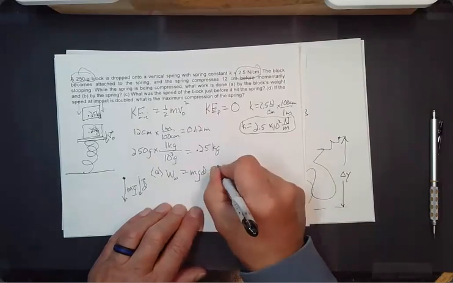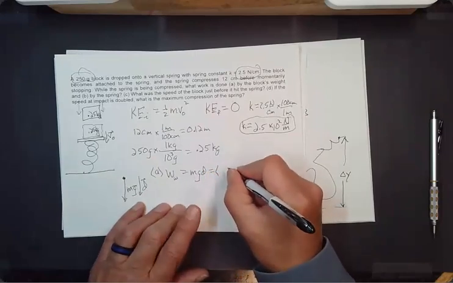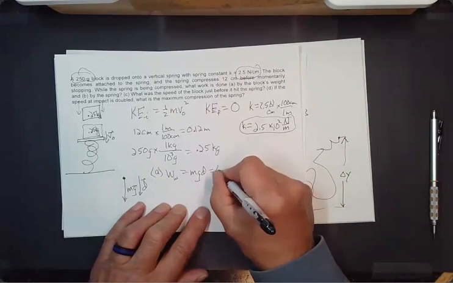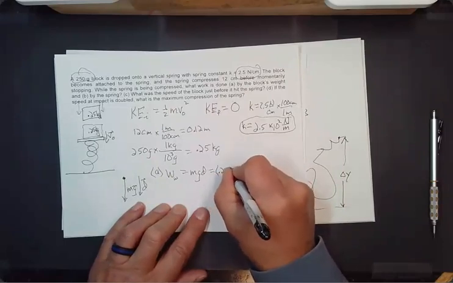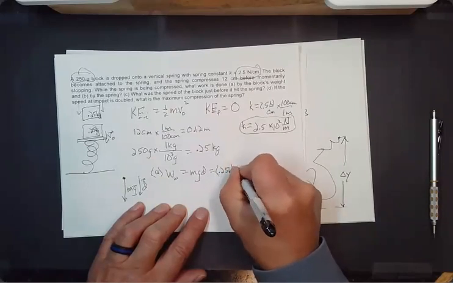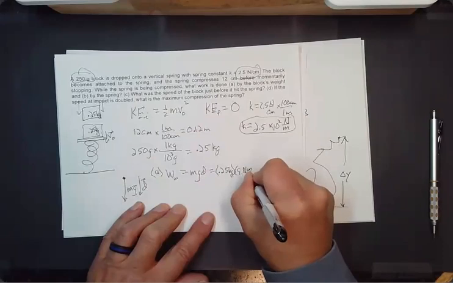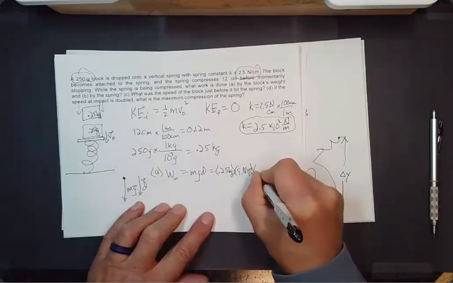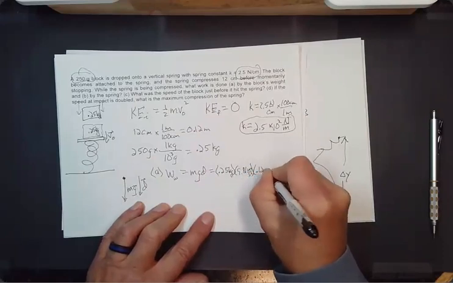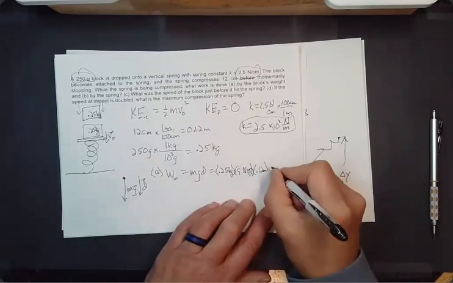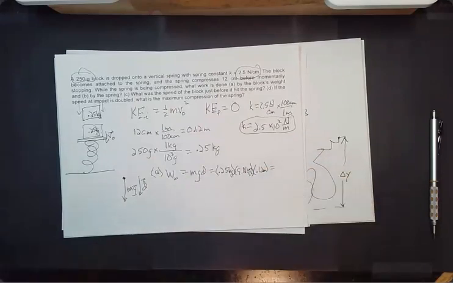So we'll take 0.25 kilograms times 9.81 meters per second squared times the 0.12 meters, mgd, and we'll get some number.